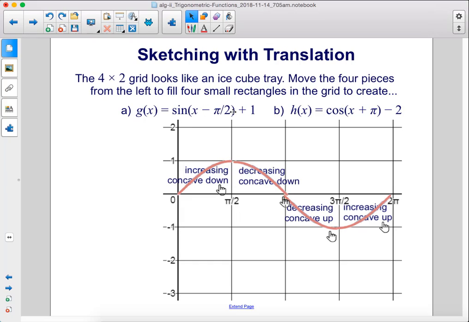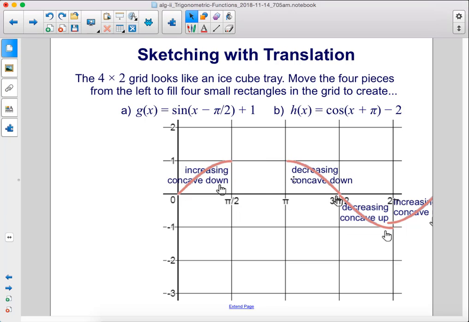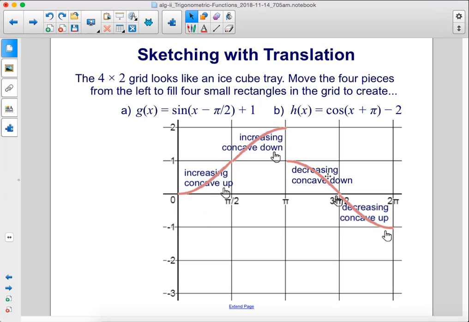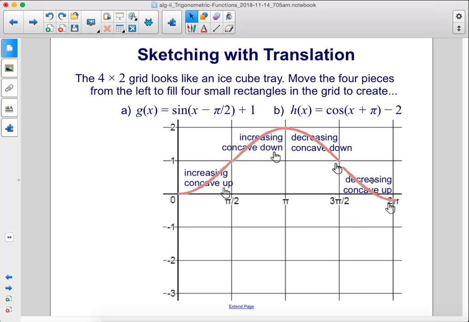So we're going to move the whole thing to the right pi over 2, which is one rectangle. So that moves to the right, and then this piece can just get put on the front there. Then plus 1. So we move each piece up 1 box. Alright, so here is our function sine of x minus pi over 2 plus 1.